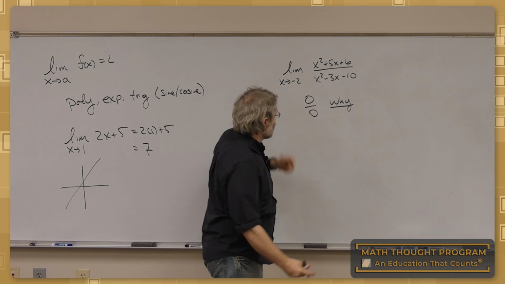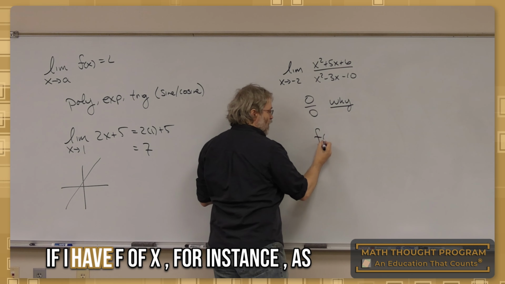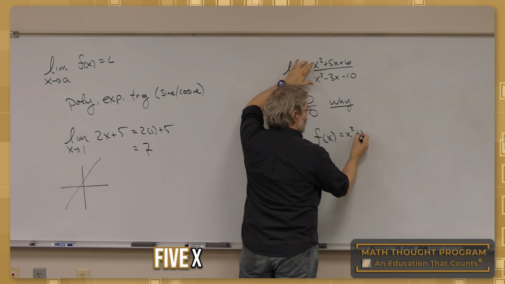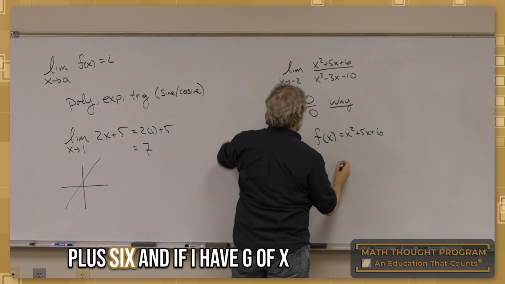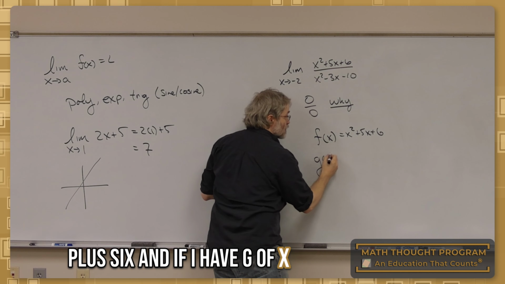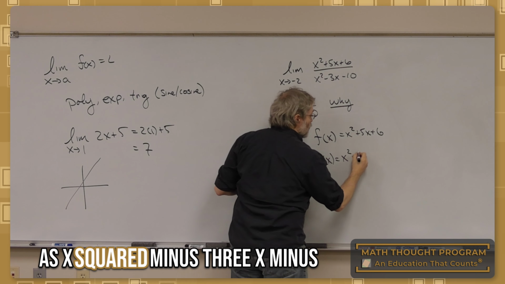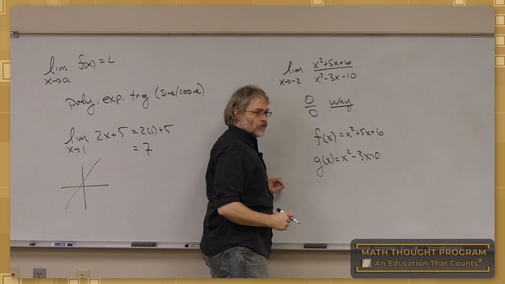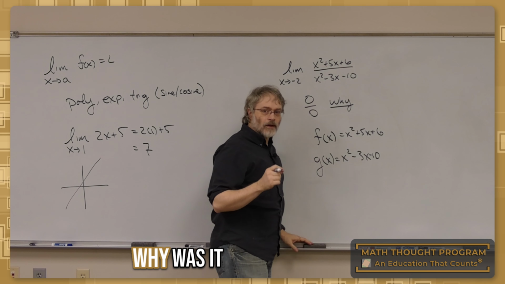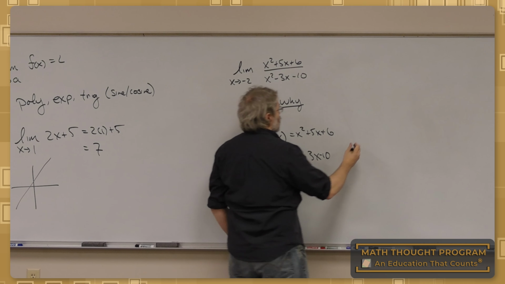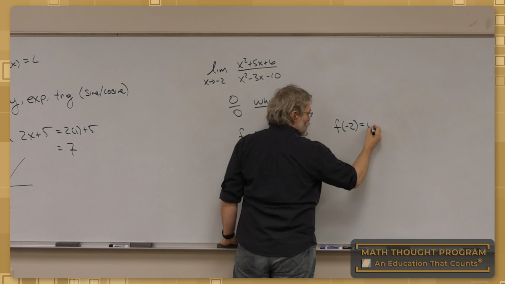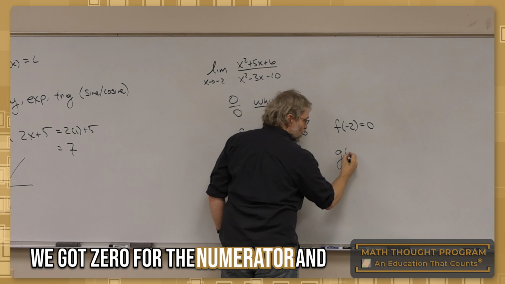If I have f of x, for instance, corresponding to x squared plus 5x plus 6, and if I have g of x as x squared minus 3x minus 10, why was it the case that whenever we dropped in -2, we got 0 for the numerator and for the denominator?